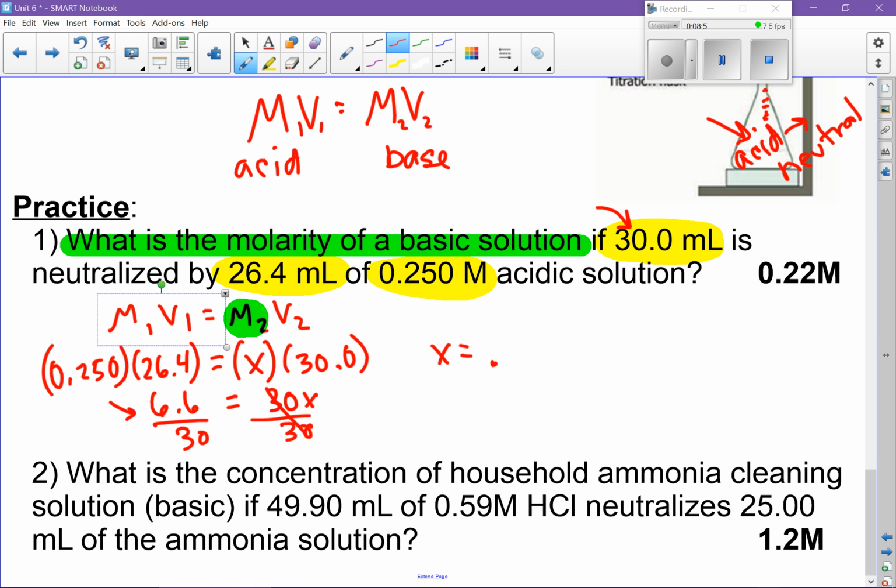My calculator says 0.22. So if I look up here, everything else that they gave me had 3 sig figs. So in order to add a third sig fig here, I could put a 0 there and it's the same number. So my answer becomes 0.220. And I was looking for a molarity. The unit for molarity is the big M.